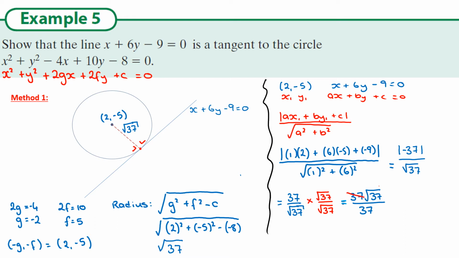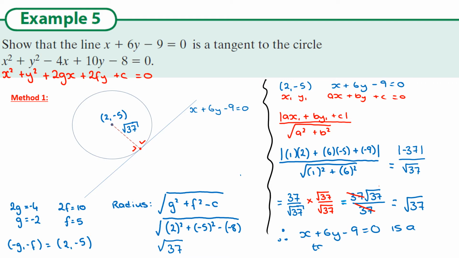They cancel, so if that went straight into the calculator, you would have just worked out as root 37. So because the radius is equal to the distance between the centre and the line, therefore x plus 6y minus 9 equals 0 is a tangent to the circle.